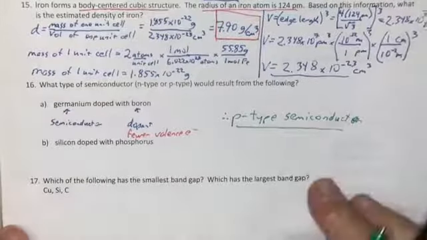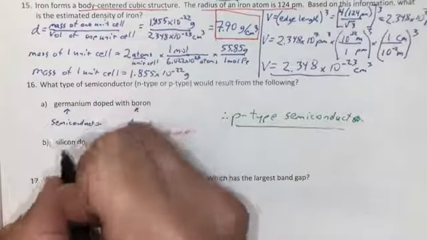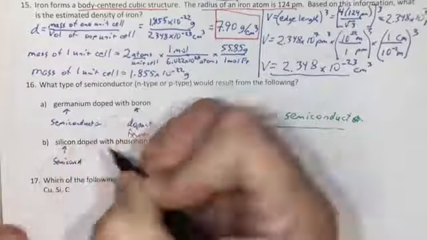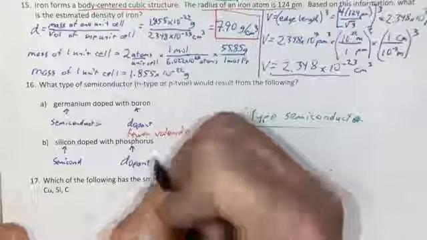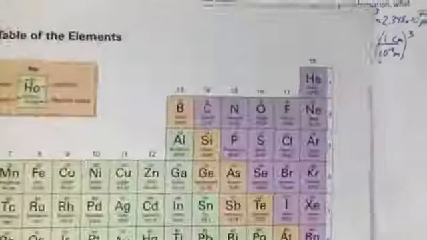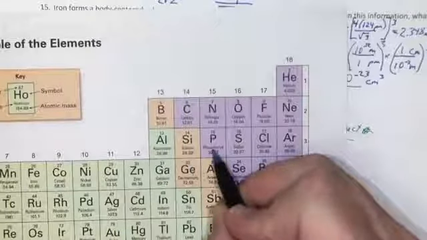Okay. And if you have silicon doped with phosphorus, then silicon is my semiconductor. This is the dopant, and so we have to ask, does the dopant have fewer electrons or more valence electrons than the semiconductor? Here's silicon and here's phosphorus.